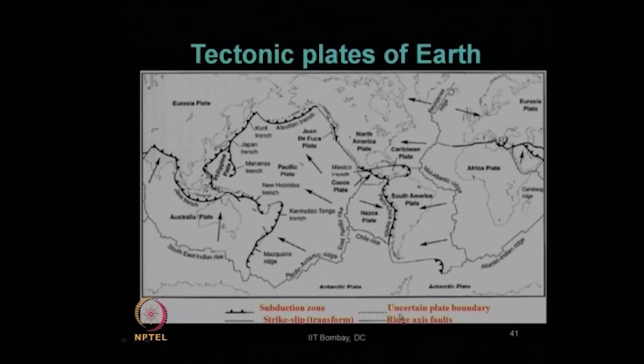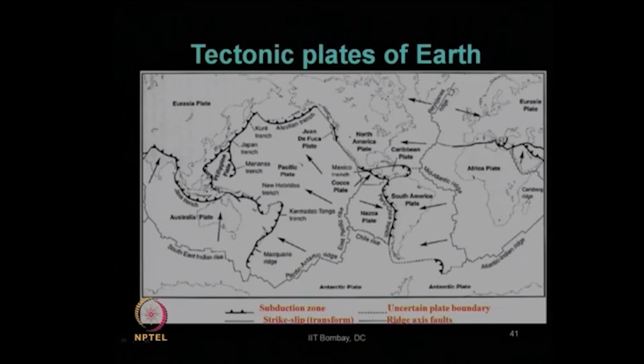Then there are strike slip or transform types of movement, shown by these solid lines. We will discuss what strike slip movement is when we discuss faults.